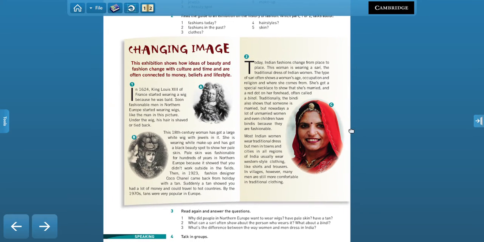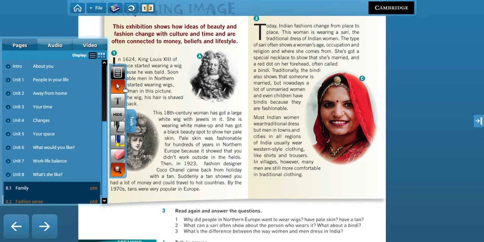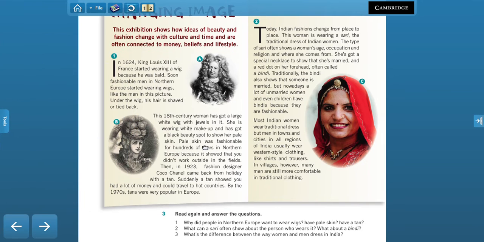Now, read again and answer these questions. I'm going to try to make it bigger. Read again the text and try to answer these questions. Why did people in Northern Europe want to wear wigs? Or why did they want pale skin? Or a tan?